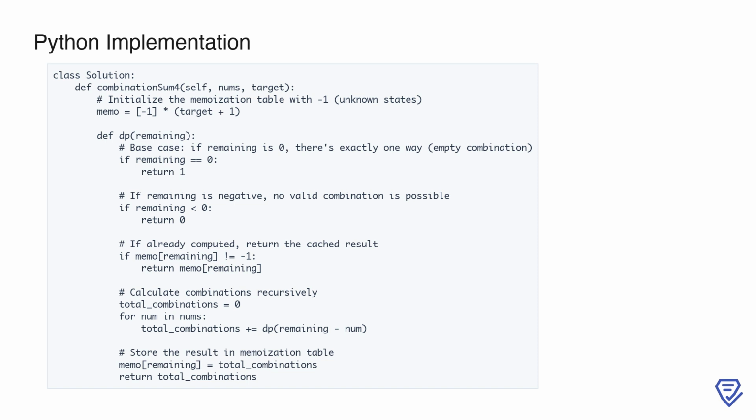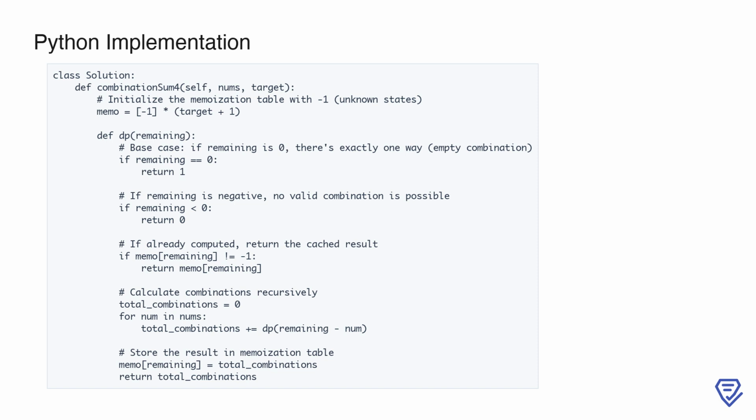Next, we define an inner helper function called dp that takes the remaining target as an argument. If the remaining value is 0, it means we've found a valid combination, so we return 1. If the remaining value is negative, it means the current combination is invalid, and we return 0. If we've already computed the result for this remaining value, we simply return the cached result from the memo table.